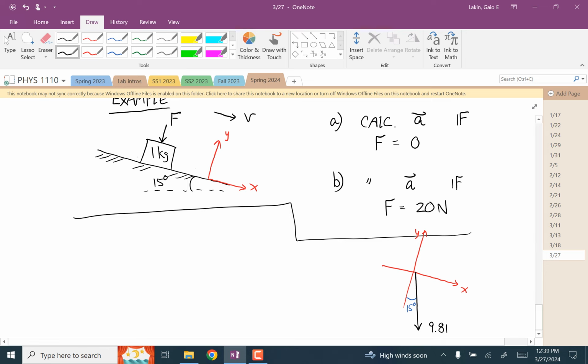So the angle that we're going to use for the weight, is it going to be 270 plus or minus 15? Plus, yep. So we're going to use 285.